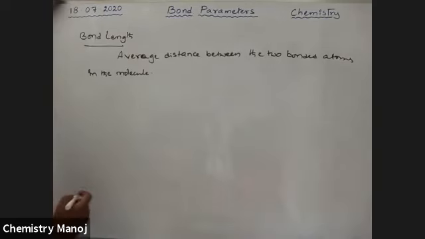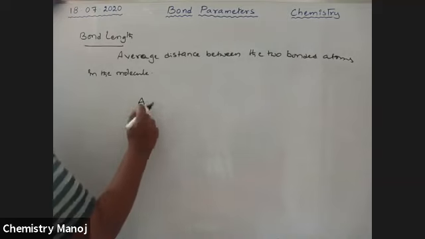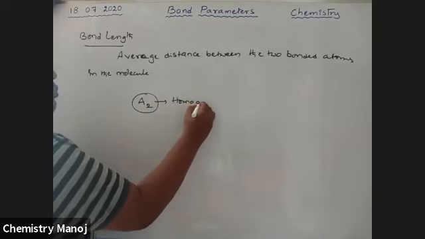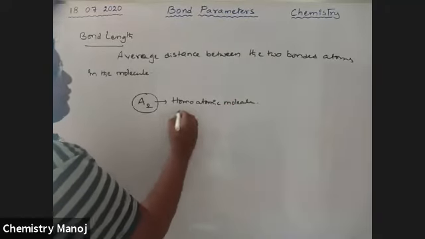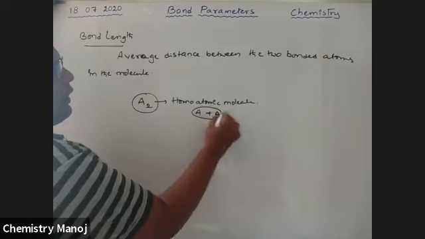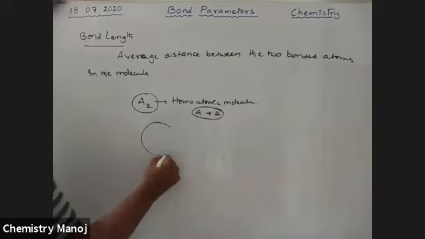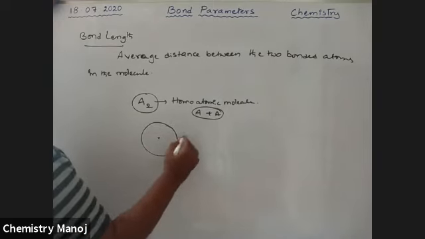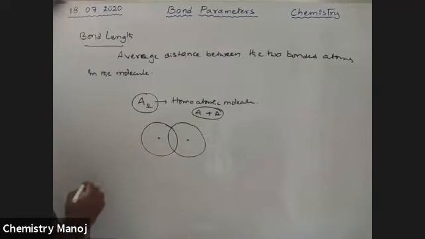So let us take an example. Let us take an A2 molecule. It is a homoatomic molecule because it is formed by the combination of A with A, A plus A. Both the atoms are same. This is one A atom, and this is another A atom, with its nucleus.